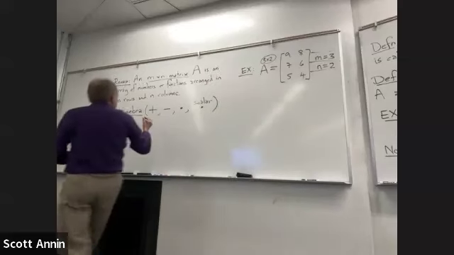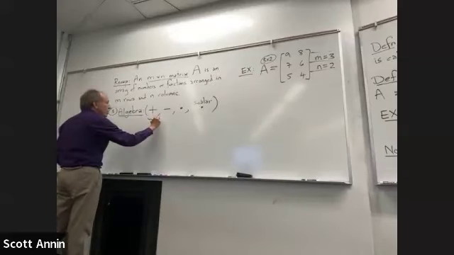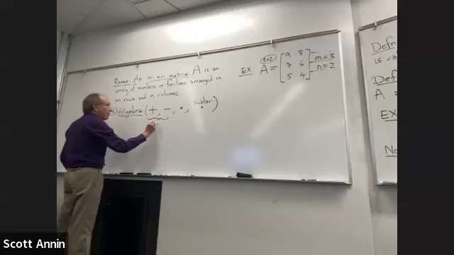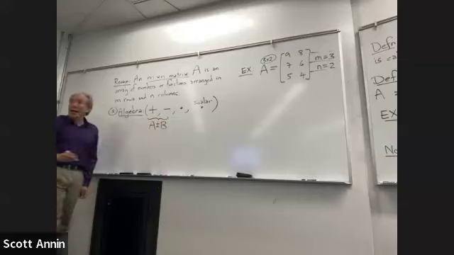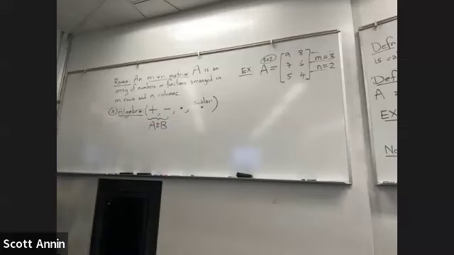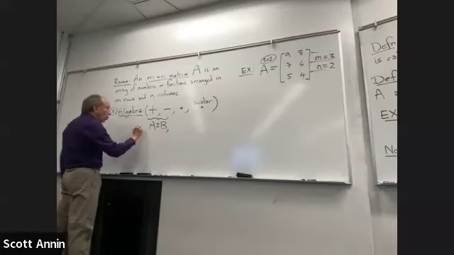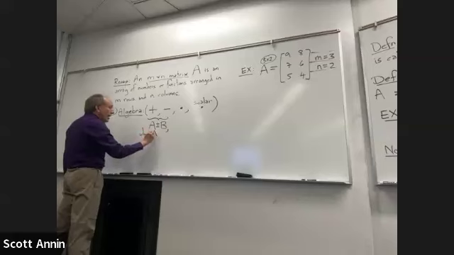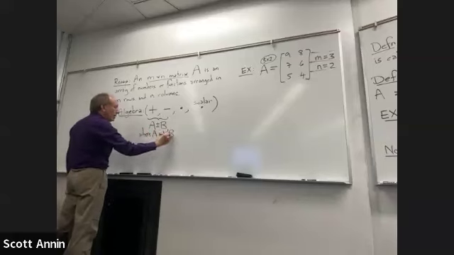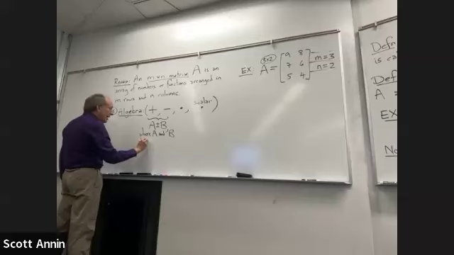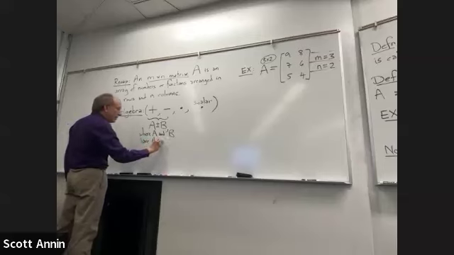I want to point out that with addition and subtraction, so this would be A plus or minus B, you're adding or subtracting two matrices, and this is done only where A and B have the same size.